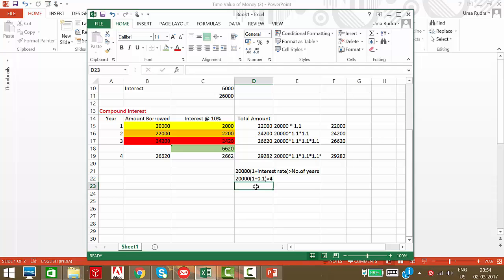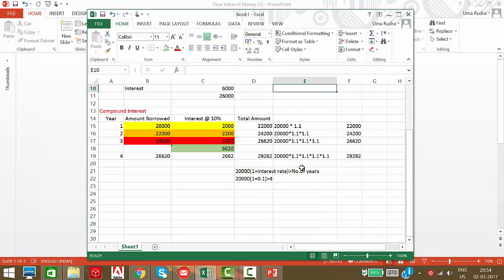This is 20,000 into 1.1 to the power 4, which equals 1.1 multiplied by 1.1 multiplied by 1.1 multiplied by 1.1.